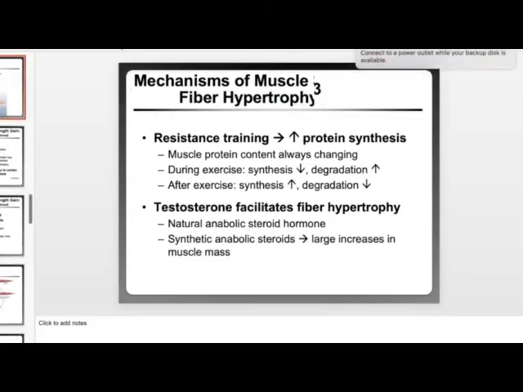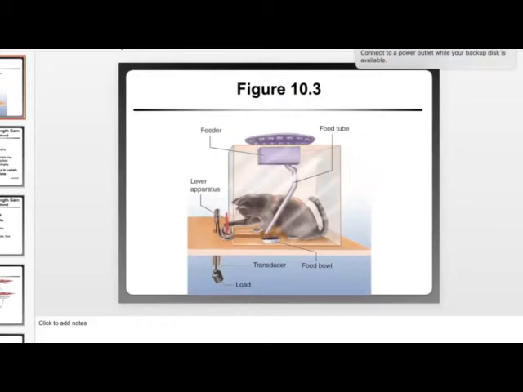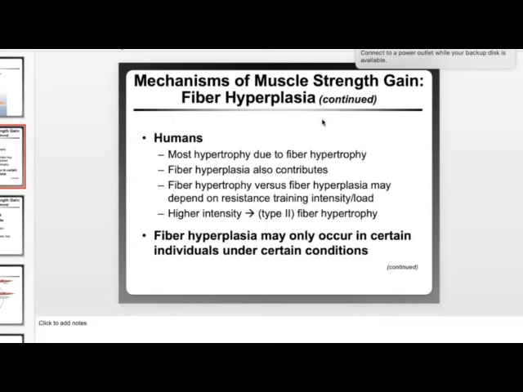So they have done some research on cats and animals, and they find that there is hyperplasia, but they find that almost all of the hypertrophy, almost all of the muscle growth is attributed to fiber hypertrophy as opposed to hyperplasia. All right. In fact, hyperplasia is very rare.